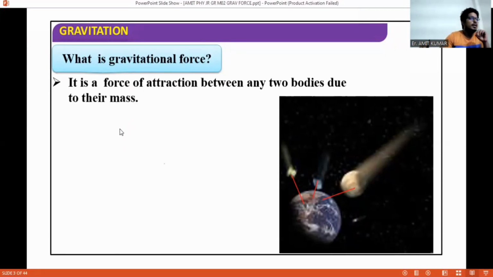Keep this in your brain: gravitational force is only because of mass.